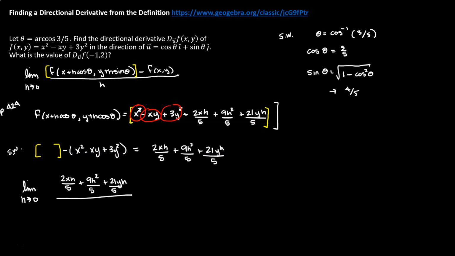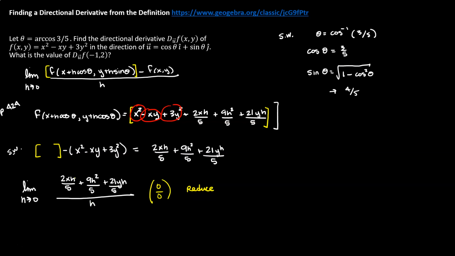That's the numerator, and the denominator was h. If we try to plug in h goes to 0 right now, we would end up with an indeterminate form. So we're going to try and reduce. If we can simplify out a factor of h, we can divide it off and eliminate the problem of the indeterminate form. We have one h in the denominator.